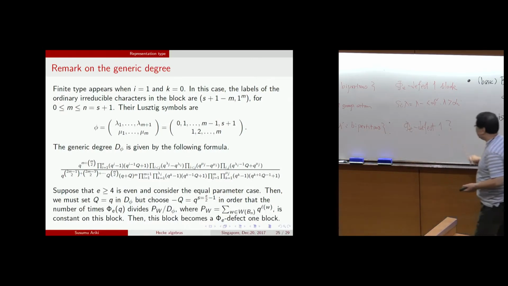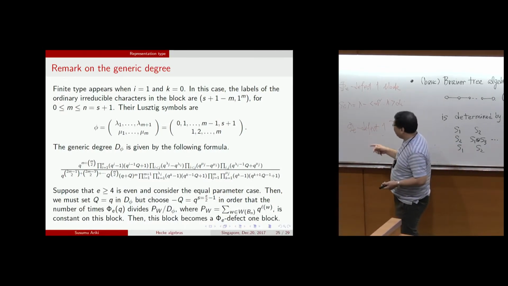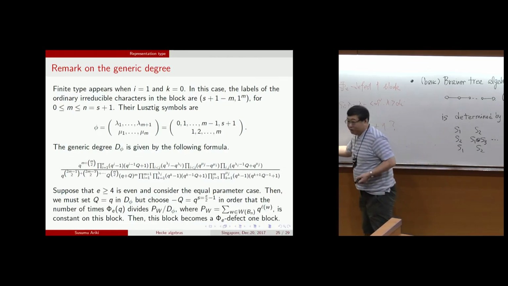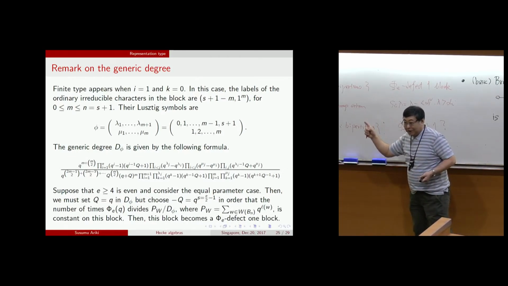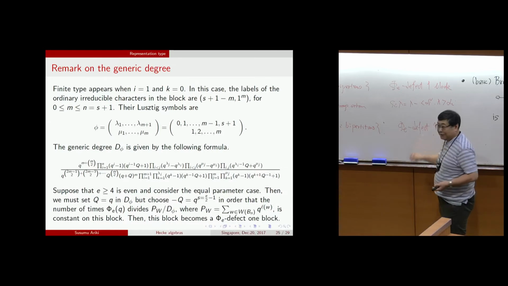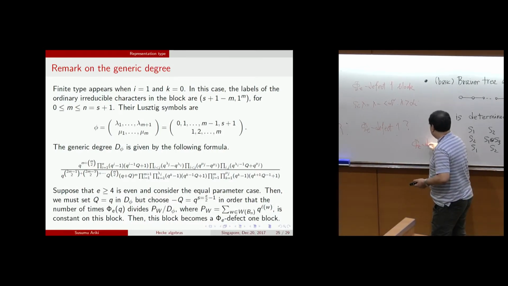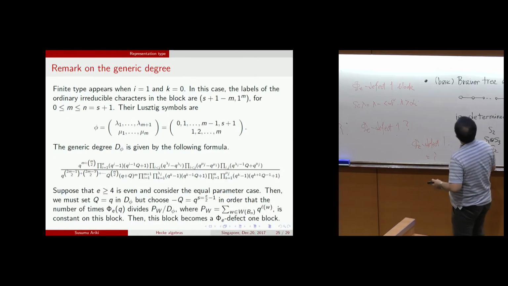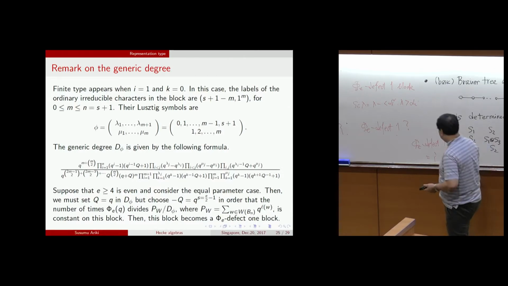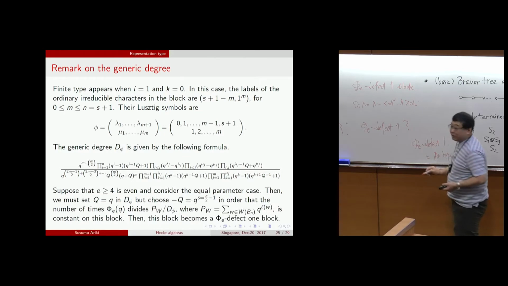So one question is whether phi is constant on this block, and another question is also one. And of course, I would like to have that the phi defect 1 should equal my finite type, but I don't know whether it is correct or not.